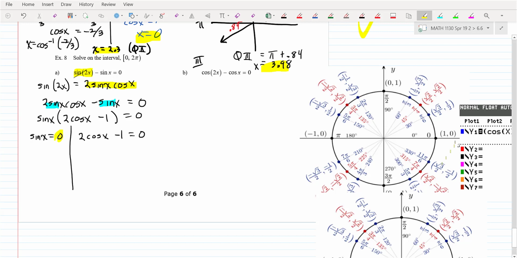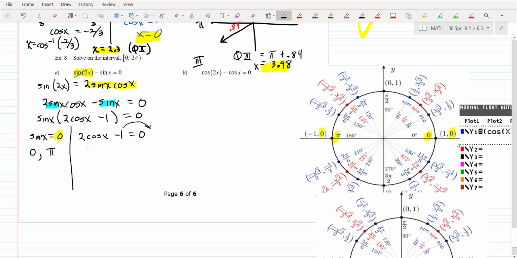Okay, there's 2 places. Okay, what's the sine? The sine is the y value, right? Okay, so that means that happens in radians at 0 and pi. Okay, so that would give you 0 and pi would be 2 places where the sine of x is equal to 0.